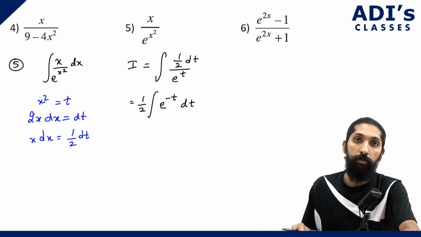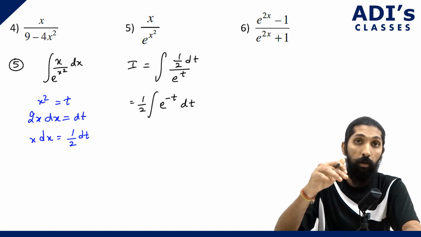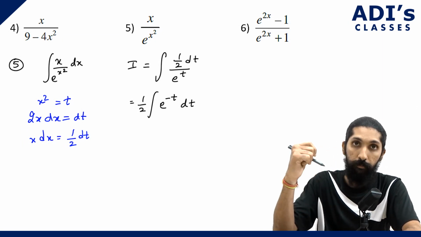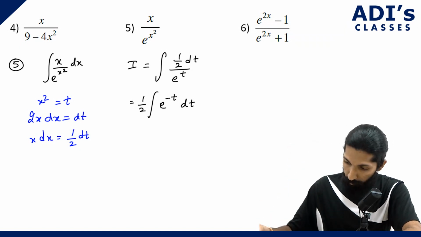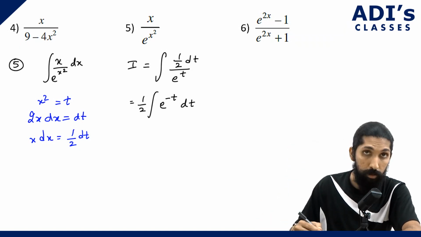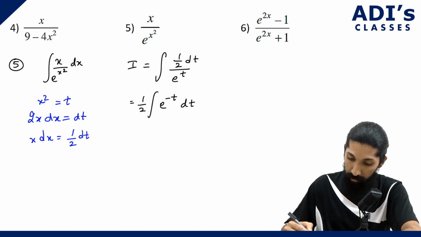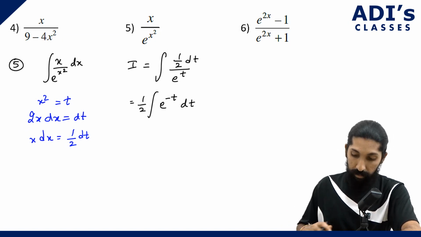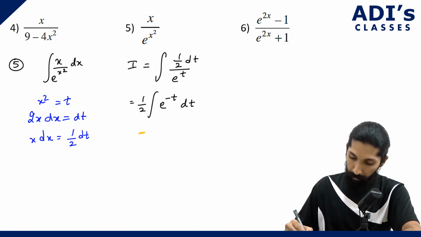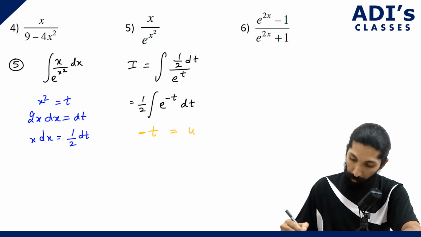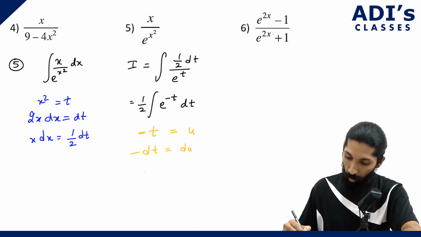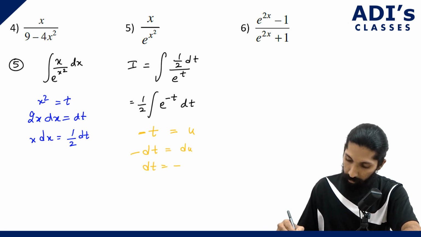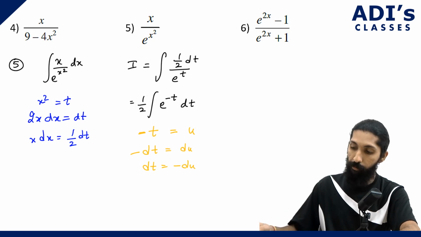Again, you can do substitution. So this is what I was talking about, double substitution. That means what we are going to do here, we'll do one more substitution. That is, say minus t is equal to u, another variable. So minus dt is equal to du, or dt is equal to minus du.